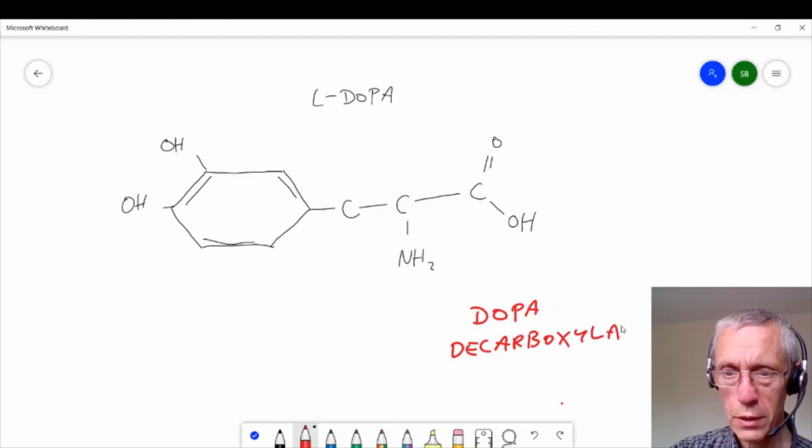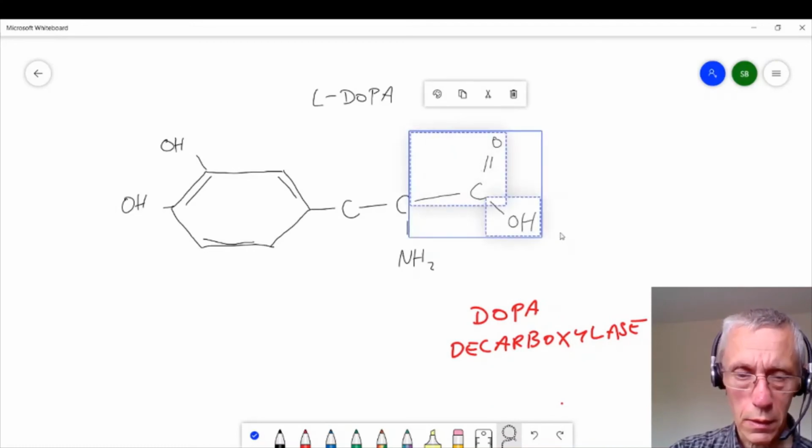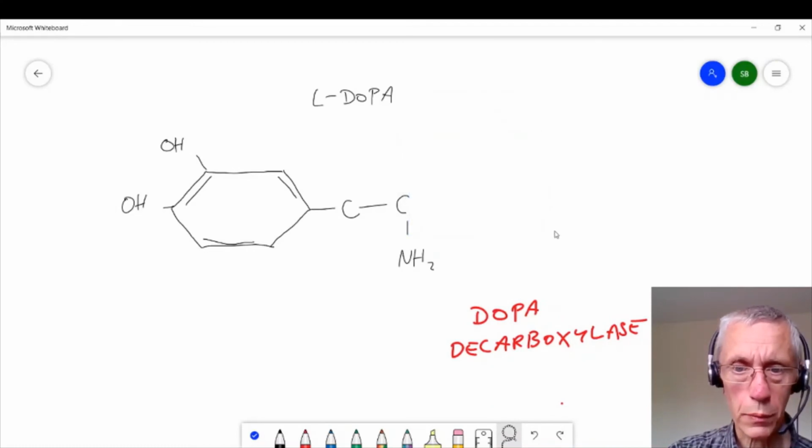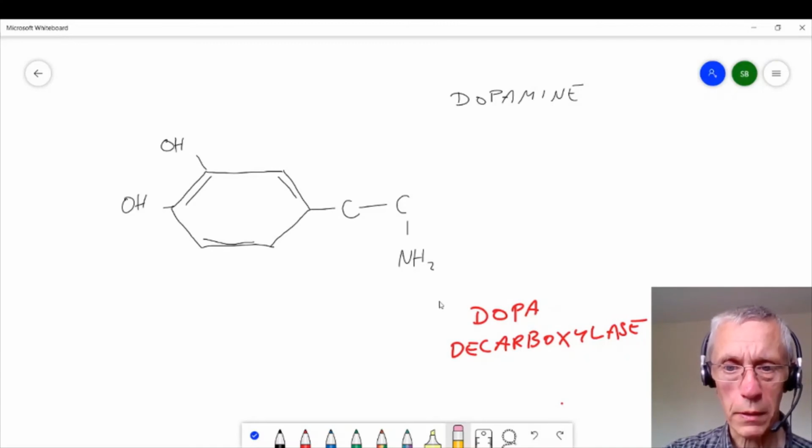And what DOPA decarboxylase does is to remove this group, and that produces dopamine, which is what we wanted to make. So we now have dopamine, and if we're a dopaminergic neuron, job's done.